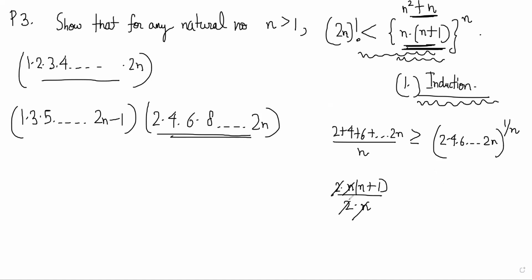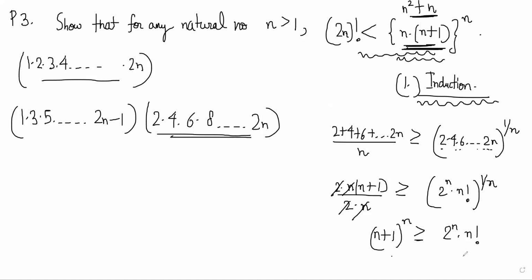So this cancels. You're getting n plus 1 is greater than equal to 2 common from every term, so it is 2 power n, n factorial, right? So we are getting n plus 1 power n is greater than equal to 2 power n into n factorial, right?